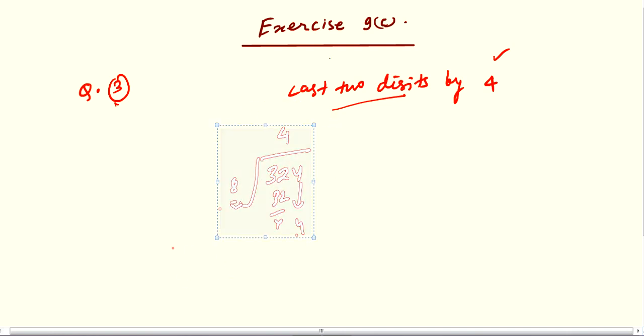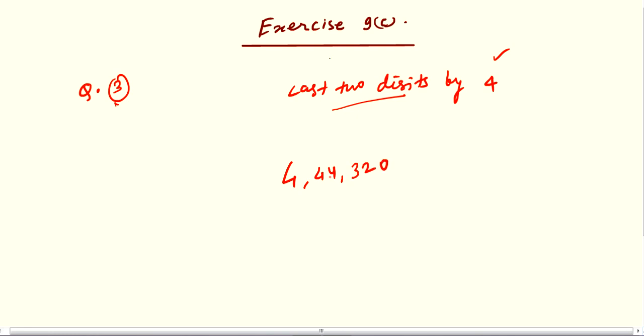Clear? But when we are having a number like 4,44,320, now we have to check whether this number is divisible by 8 or not. So as per the rule, we have to divide the last three digits by 8.